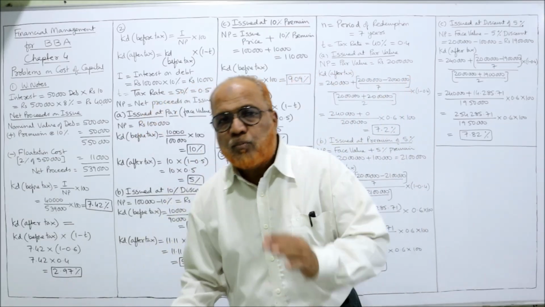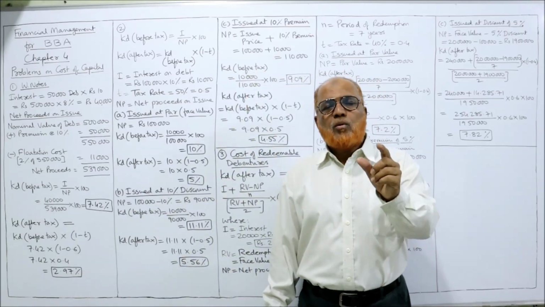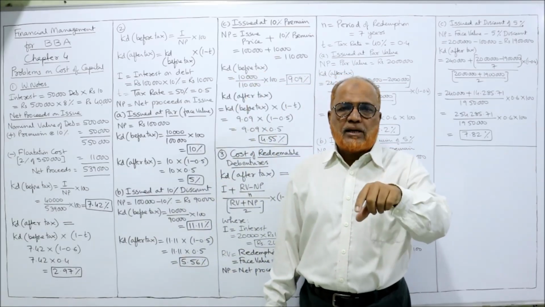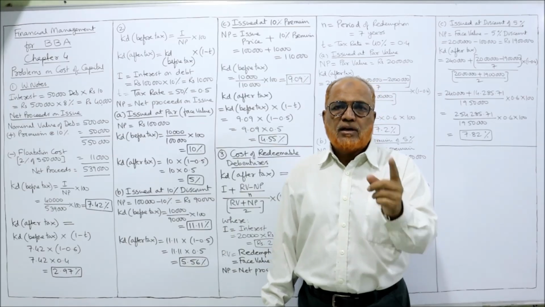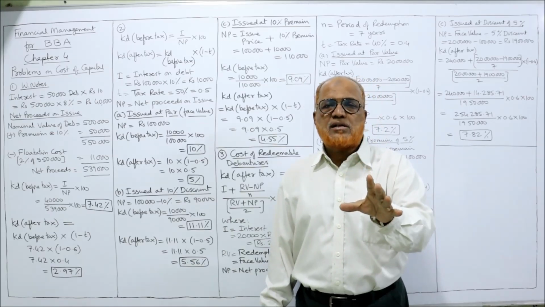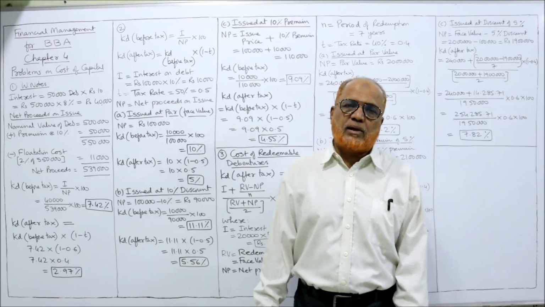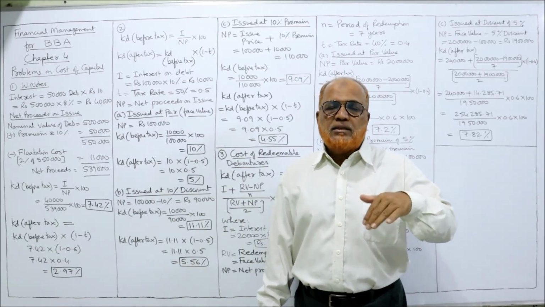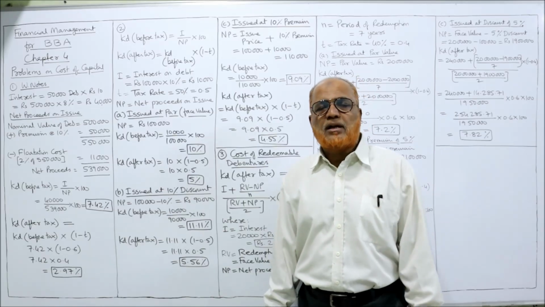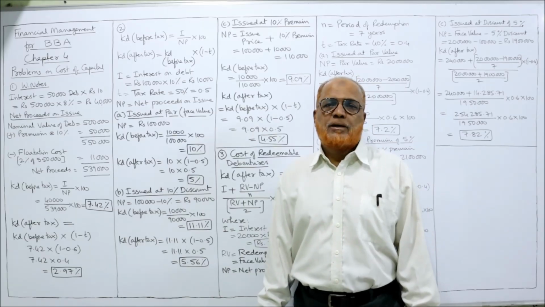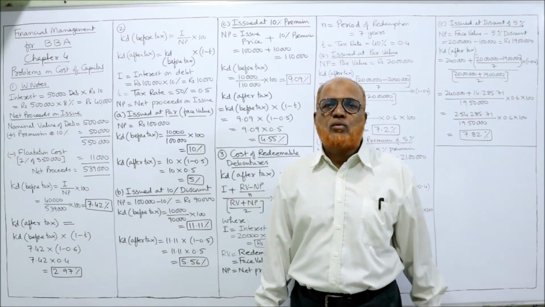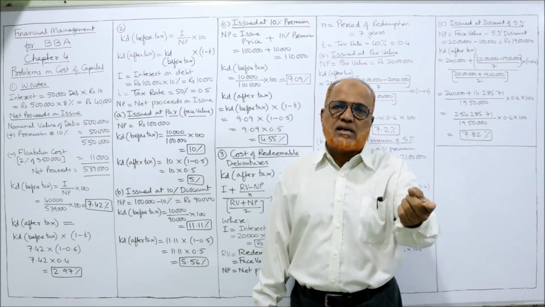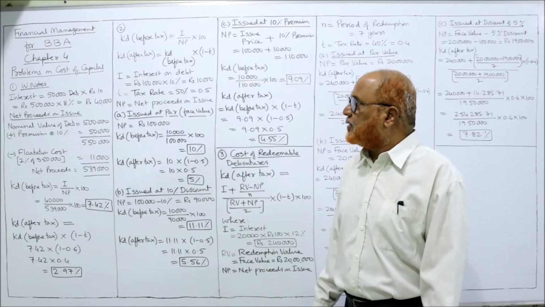In this, sub-questions are given. We are required to calculate KD before tax and after tax. Case 1, if the debentures are issued at par value, face value. Second, if it is issued at 10% discount. And third case, if it is issued at 10% premium. So in the three different cases, we have to calculate KD before tax and KD after tax.